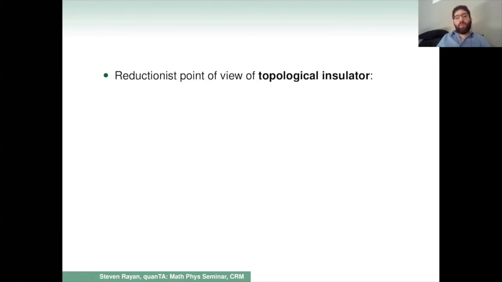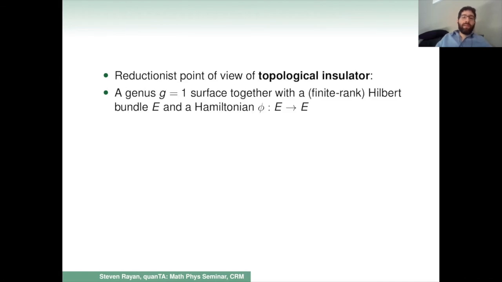So for those of you who might be interested in topological materials and topological insulators, one very reductionist point of view, standing back from a topological insulator as a mathematician, would be that such a material is really a genus 1 surface together with a finite rank Hilbert bundle defined on that surface and a Hamiltonian that acts on that bundle.